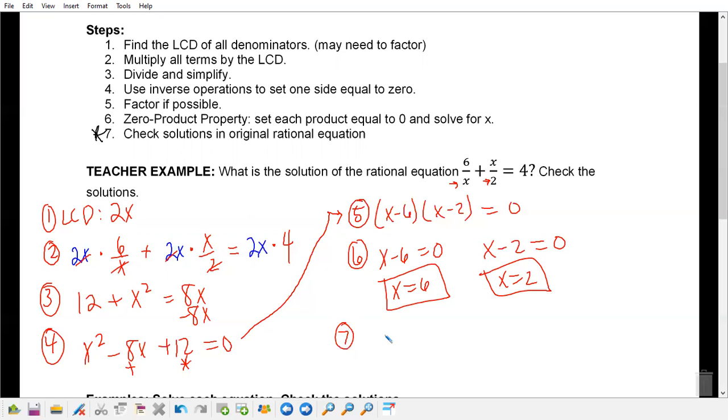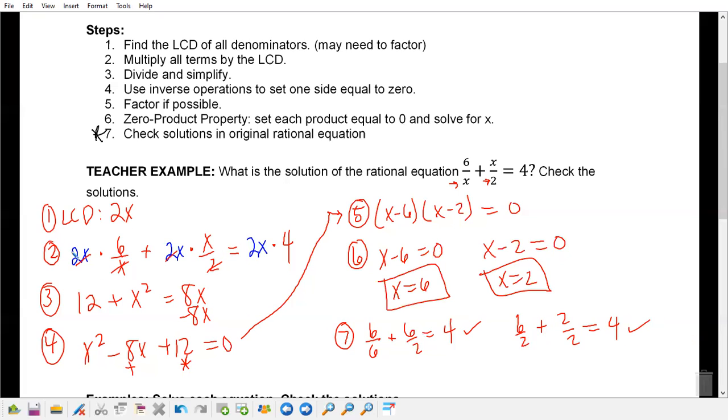Step 7 is if I'm like, ooh, I don't know if I did that right. That's too easy. I'm going to check by plugging in. If I plug in 6, 6 over 6 plus 6 over 2, does that equal 4? Yes. 1 plus 3 is 4. If I plug in 2, I have 6 over 2 plus 2 over 2, does that equal 4? 6 divided by 2 is 3. 3 plus 1 is 4.